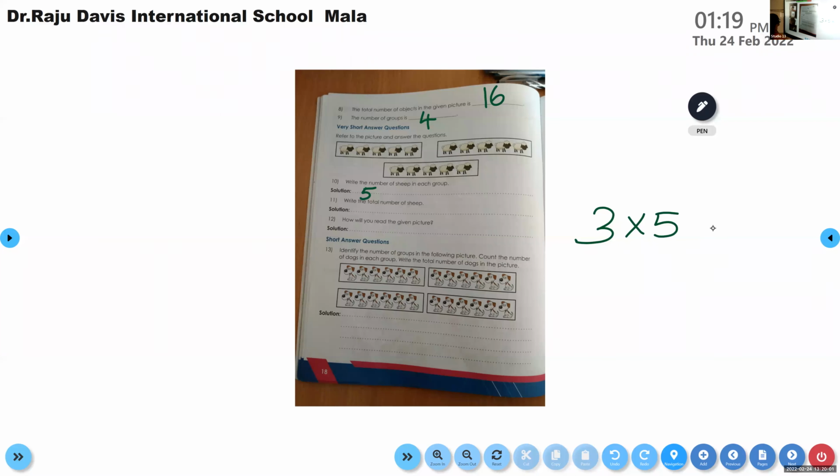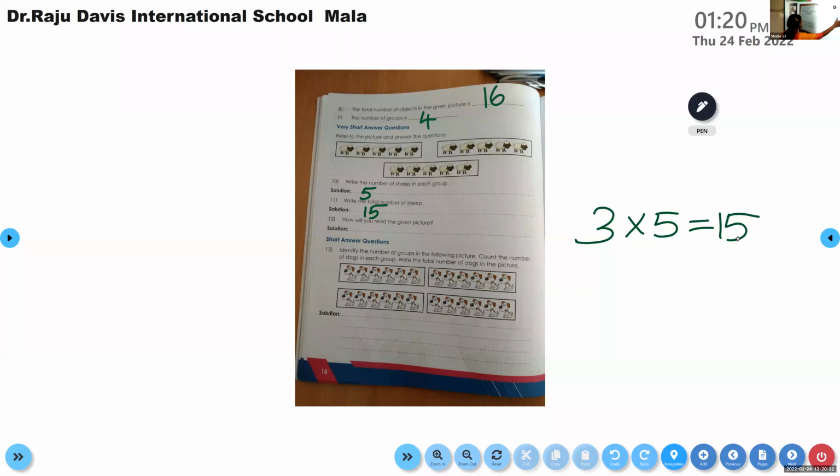Adinath, 3 into 5. 1 into 5 is 5. 2 into 5 is 10. 3 into 5? 3 5s are 15. So the total number of sheep is 15.